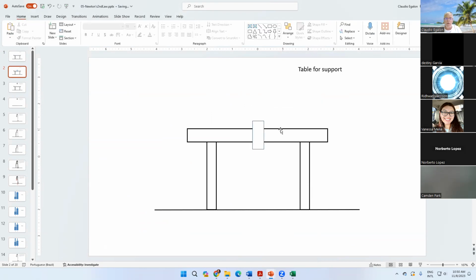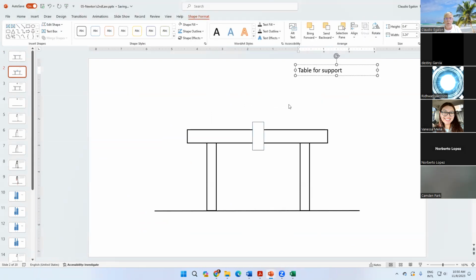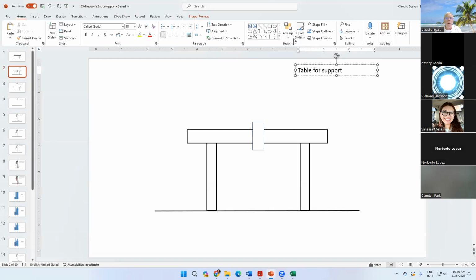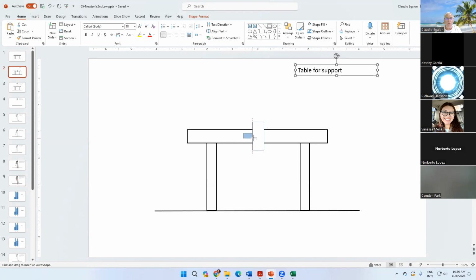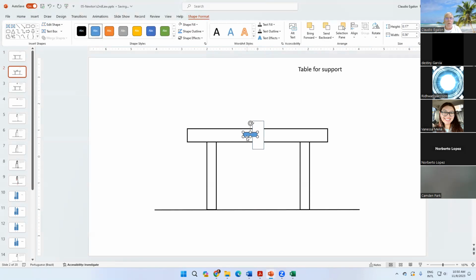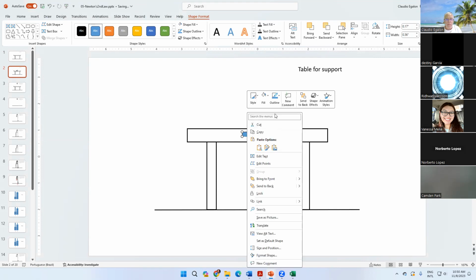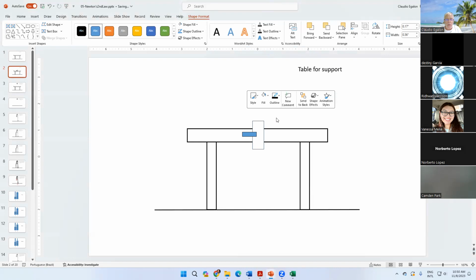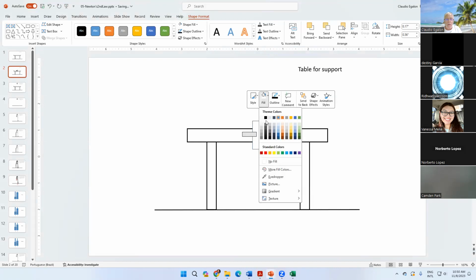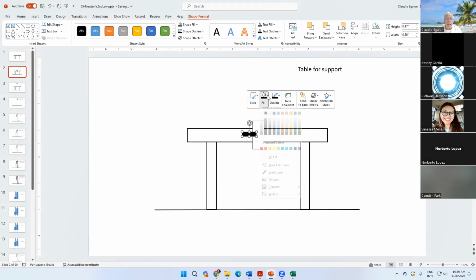Table support. And this rod clamp has a screw here that attaches it, that clamps it. Can you picture that?